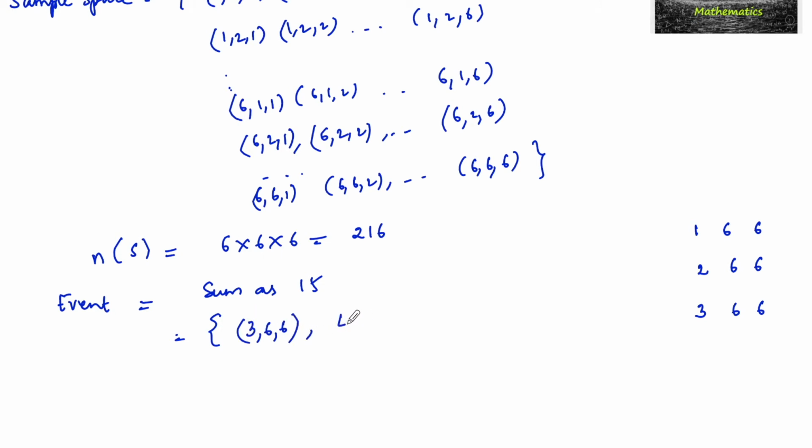Similarly, we can consider 4 comma 5 comma 6, because 4 plus 5 is 9, 9 plus 6 is 15, and we can write even 4 comma 6 comma 5.